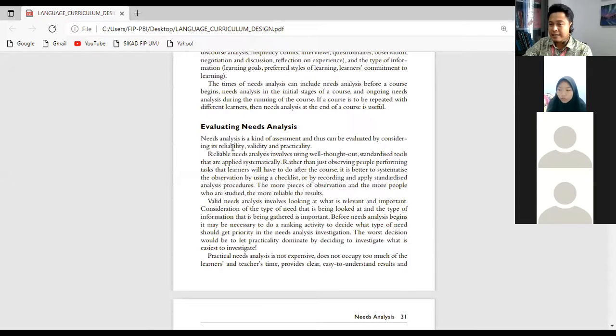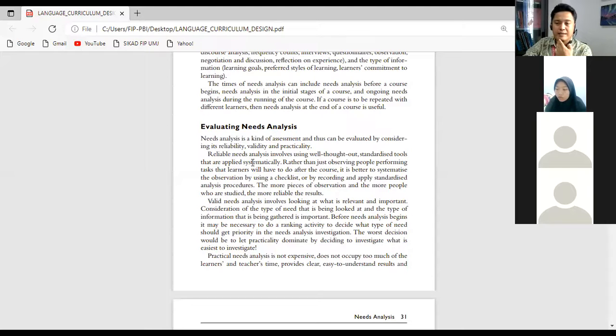Here, need analysis is a kind of assessment. This can be evaluated by considering its reliability, validity, and practicality. So there are three main things to evaluate the need analysis. First of all, it is reliability.